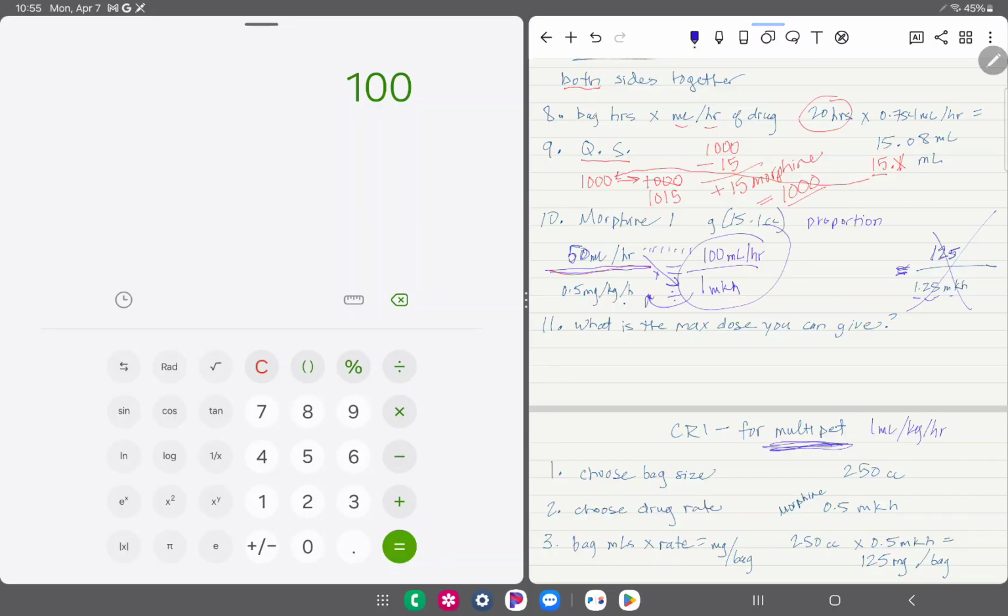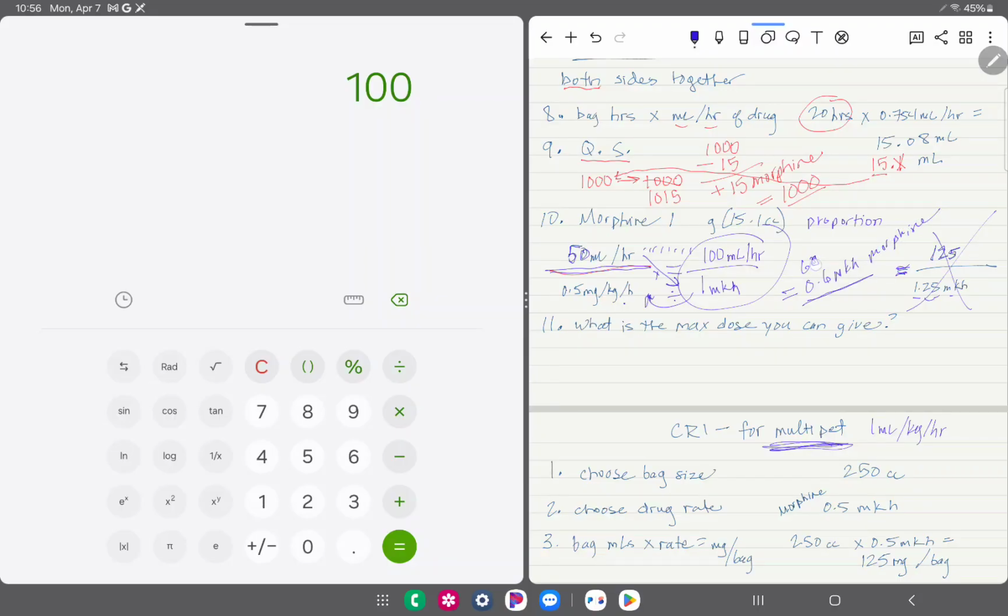Got it, done. But if you're going to write in your medical record, I turned him up to 60 mL per hour, which equals what rate, which with this math is pretty easy. It's actually 0.6 mg per kg per hour. So I turned him up to 60 mL, which is equivalent to 0.6 mg per kg per hour of morphine.